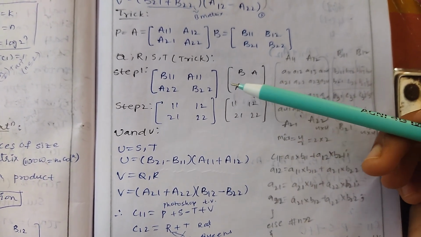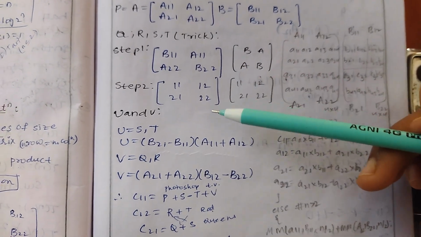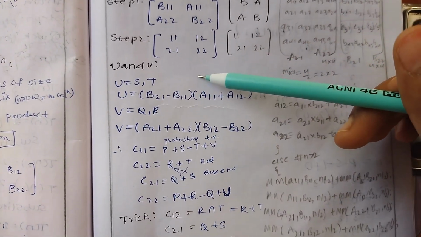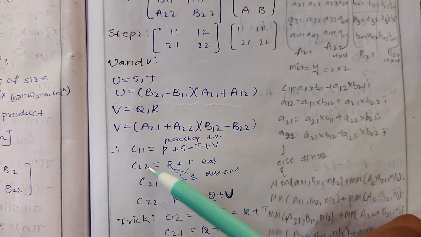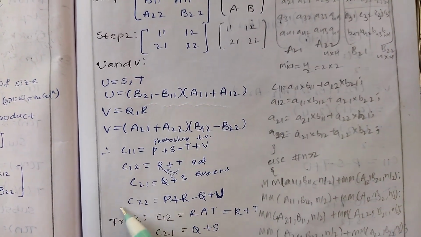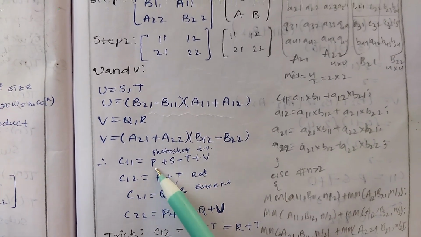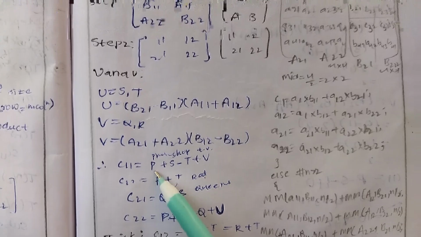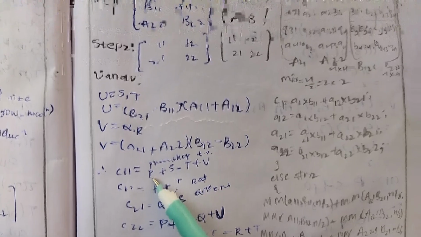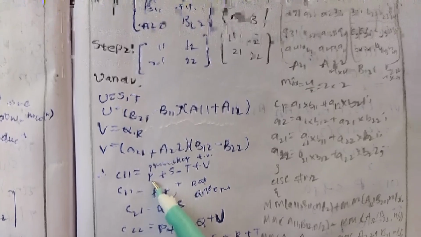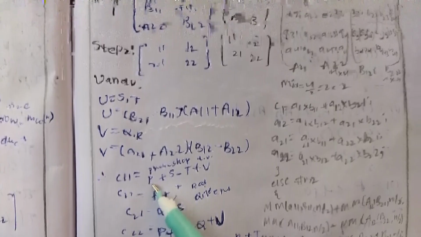After getting the P, Q, R, S, T, U, V values, we need to remember some formulas again, for finding C11, C12, C21, C22. P, S, T, V: we need to remember these by using some trick. Photoshop and TV. Plus minus plus.